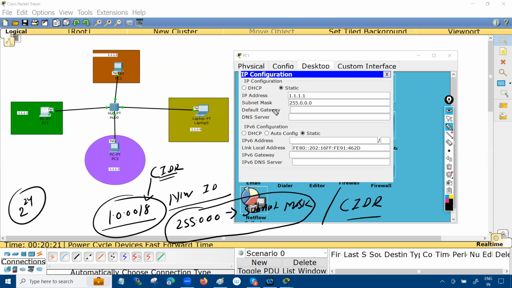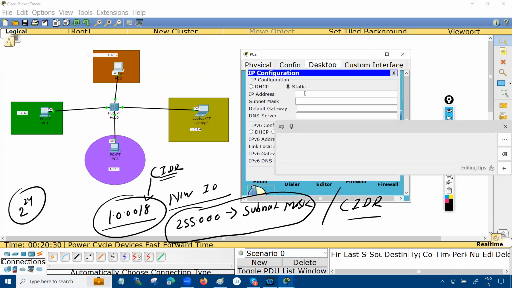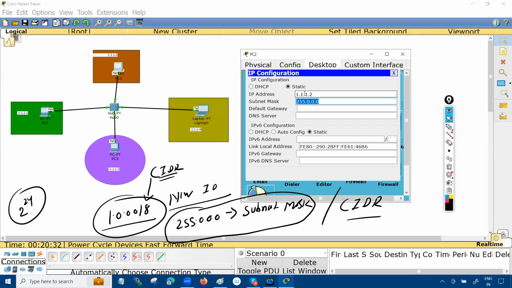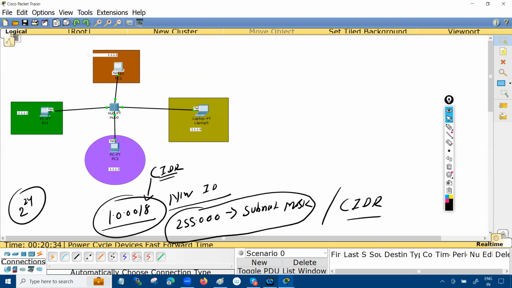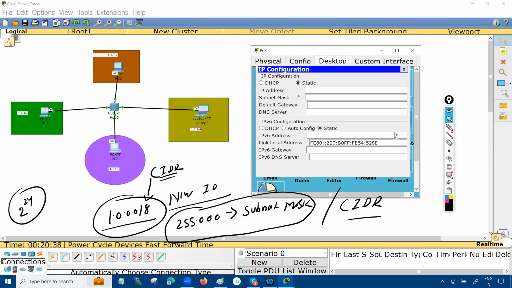So I can put 1.1.1.1 for this one. For the next one, click on this icon, go in the desktop, IP configuration, and 1.1.1.2. Same thing for PC3: go on the desktop, IP configuration, 1.1.1.3. That's the default subnet mask.